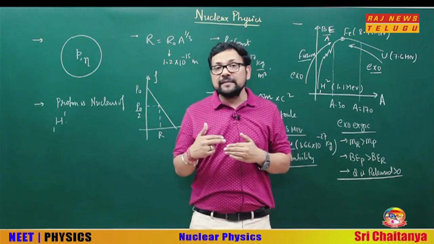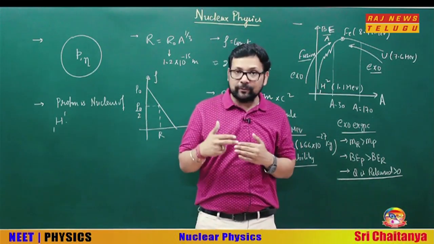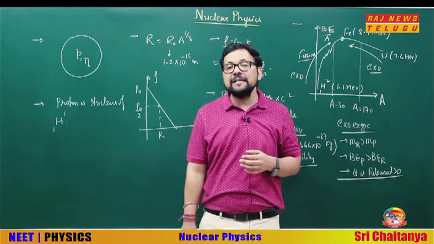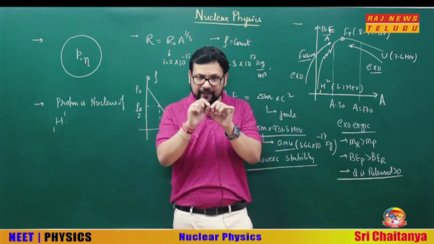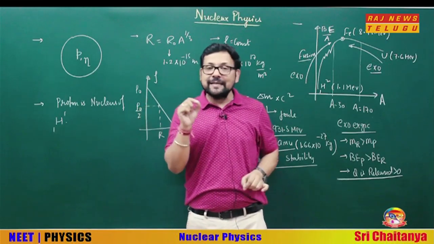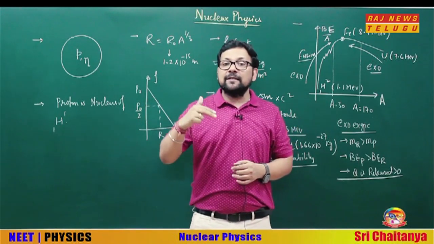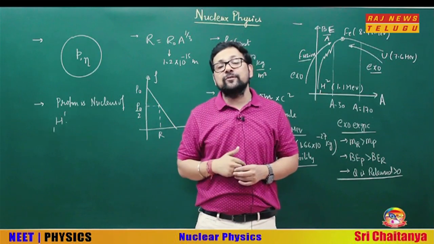Now what do you infer from this? What is the information we are getting from this? This information, again an underline point, students, is the short range of nuclear force.